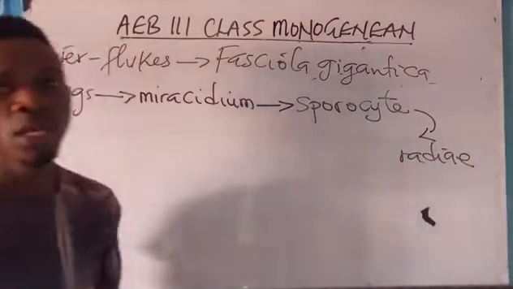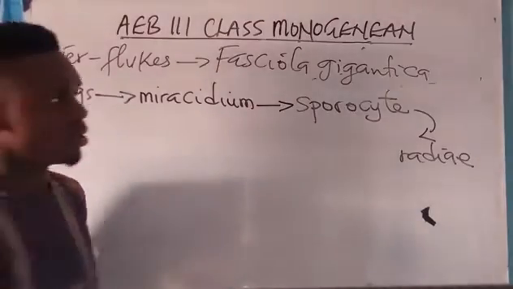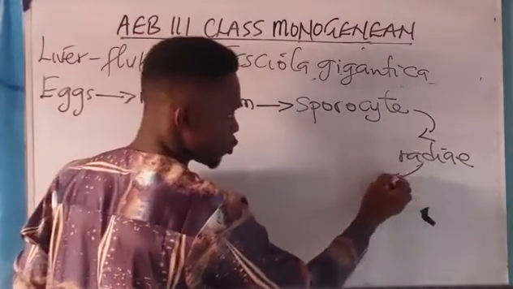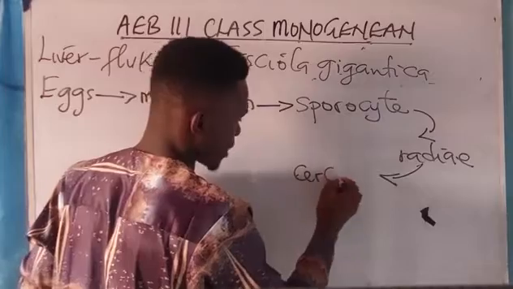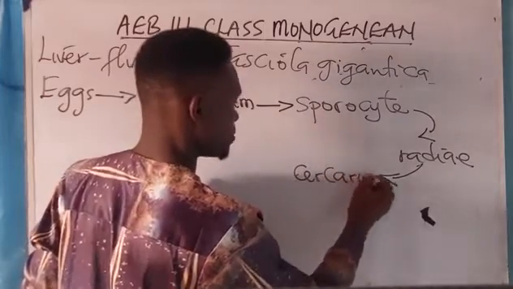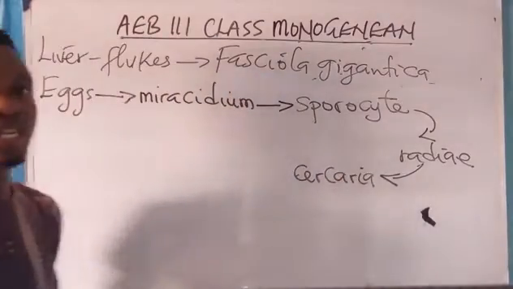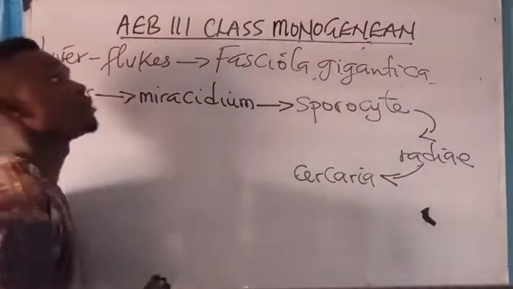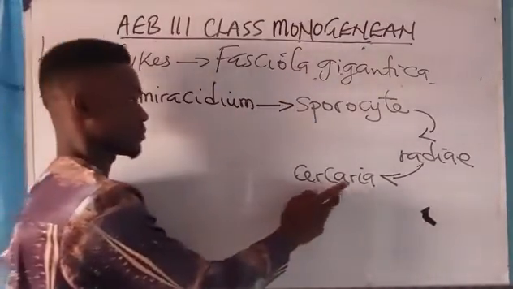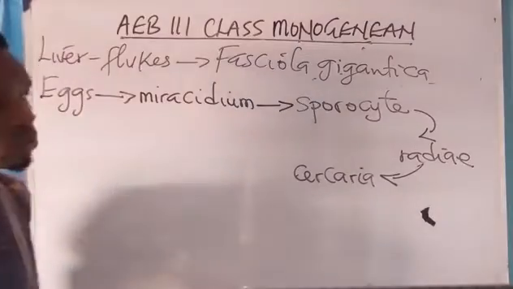Rediae. Now the daughter rediae formed develop into what is called Cercaria larva. Please, the infective stage of the trematodes is what? Cercaria.